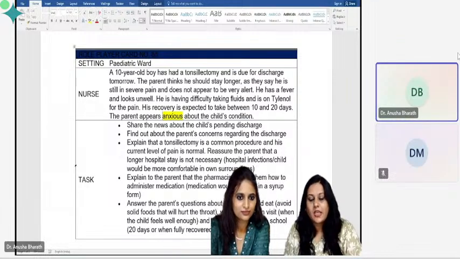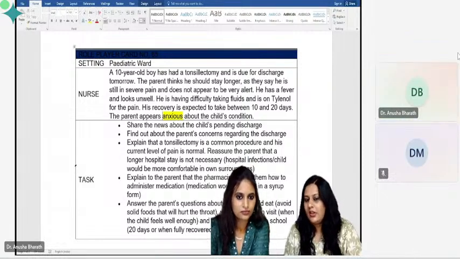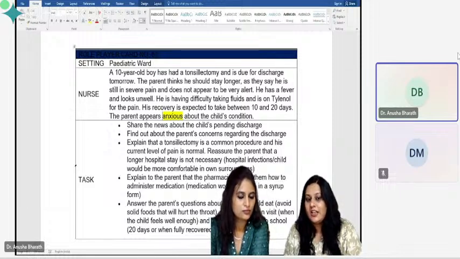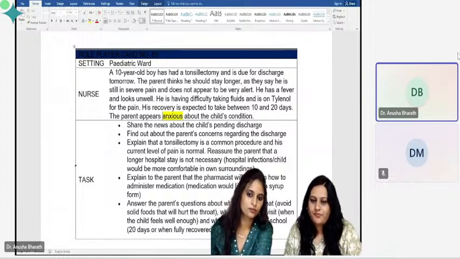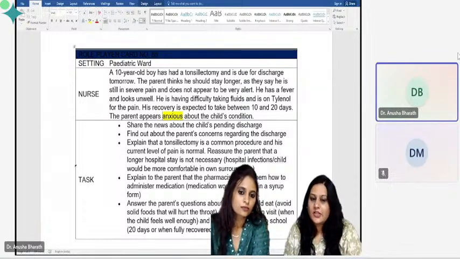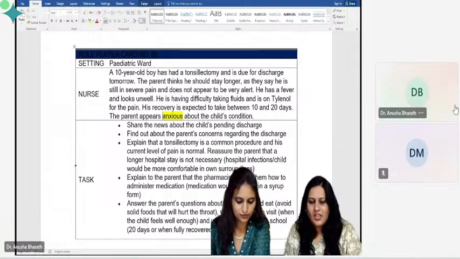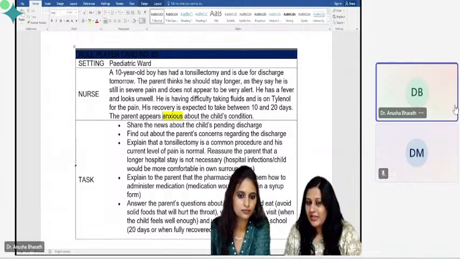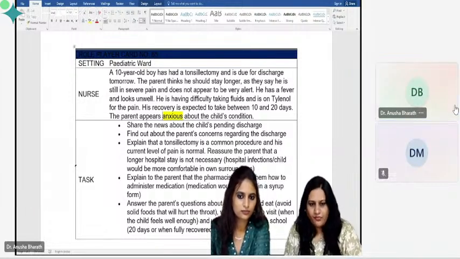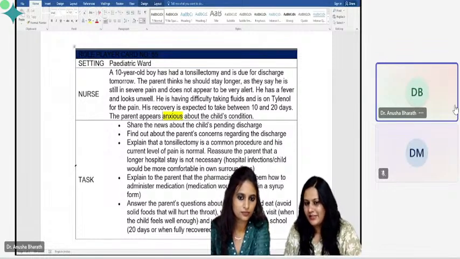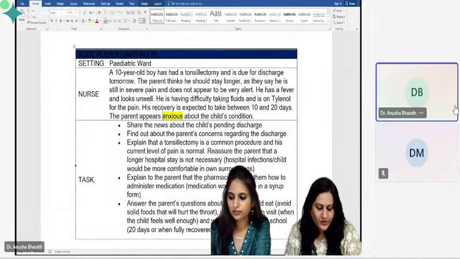Explain to the parent that the pharmacist will tell them how to administer medication, which would likely be in syrup form. Ask the parent questions about what he should eat. Avoid solid foods that will hurt the throat. And with regard to the question of when friends can visit, you would say when the child feels well enough. When he can return to school, you can say 20 days or when fully recovered.